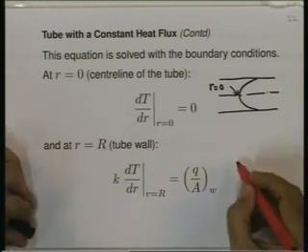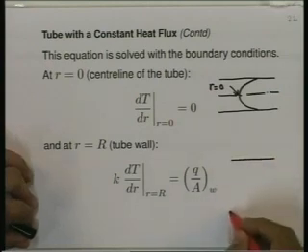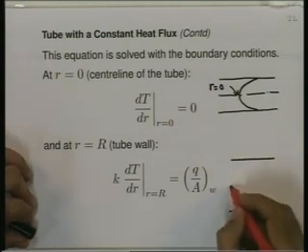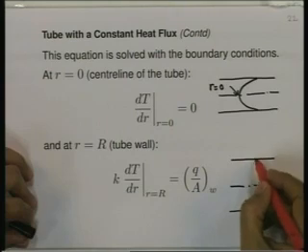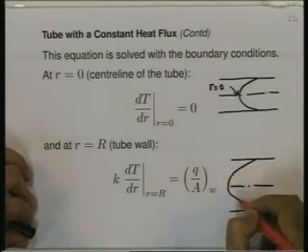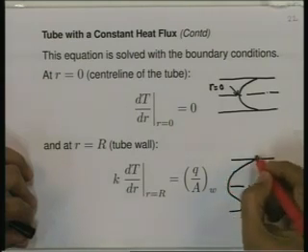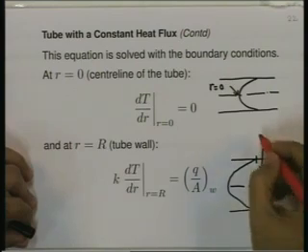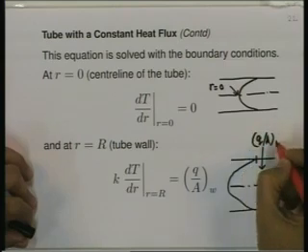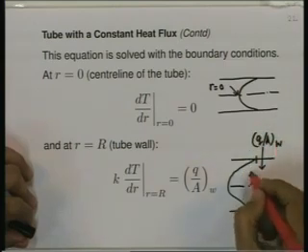Fourier's law gives us the condition for the temperature profile at the wall. If this is the temperature profile, at the wall there is a heat flux specified, Q by Aw. It is in the negative r direction.